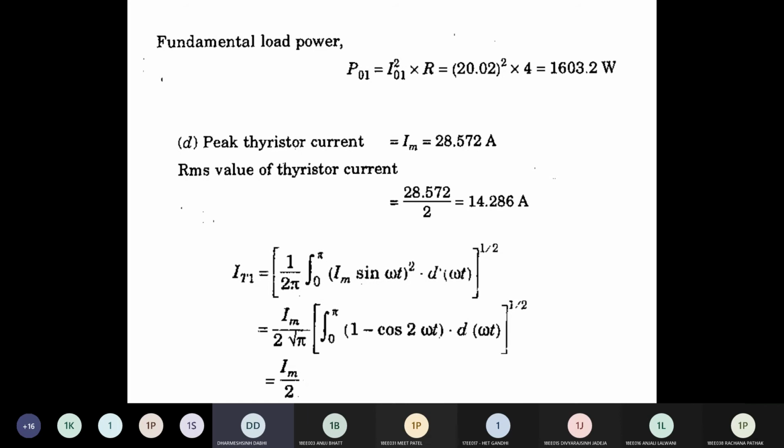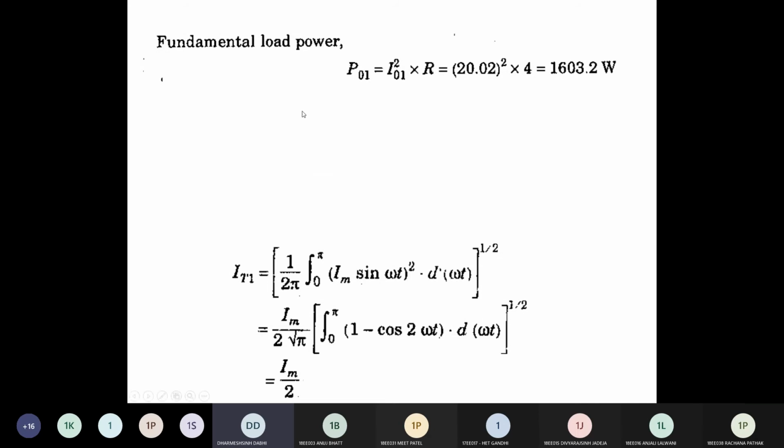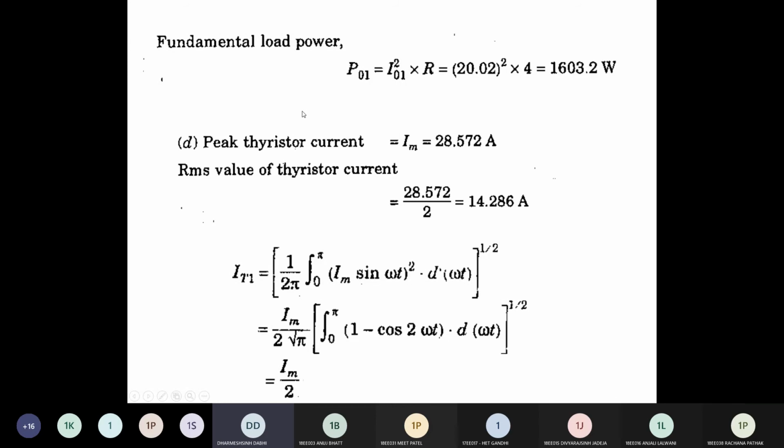Clear? All of you? Can I move to the next slide? Have all of you practiced? Okay, what is the next thing you need to calculate?